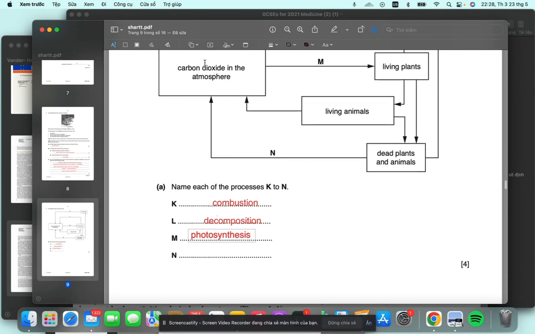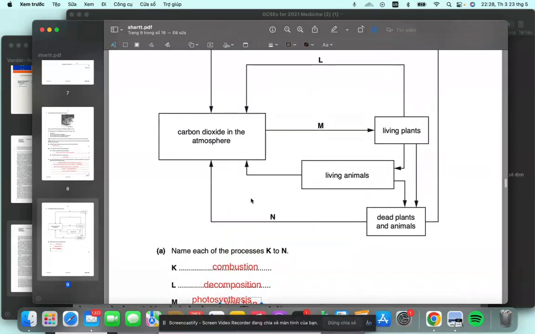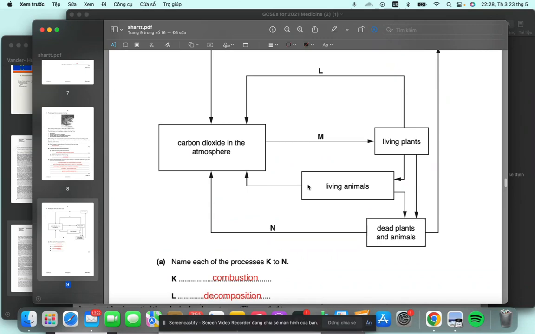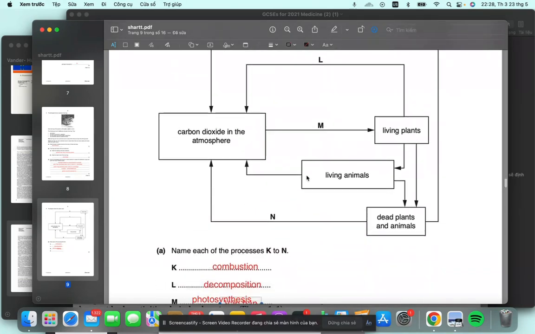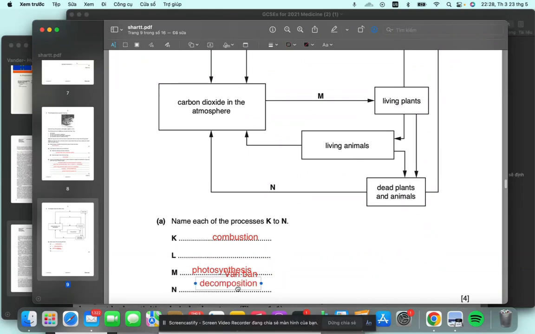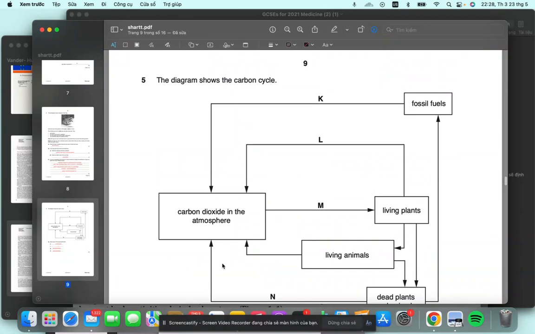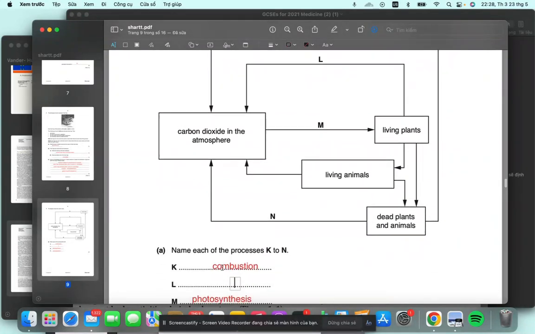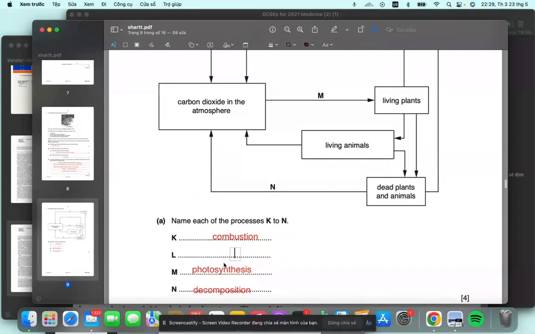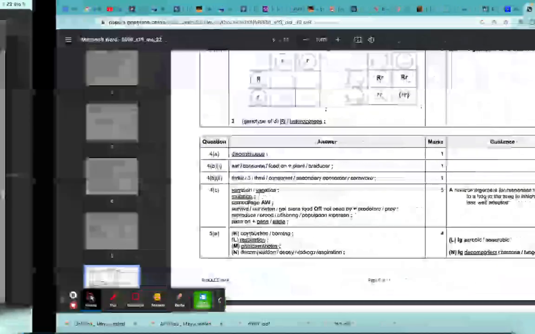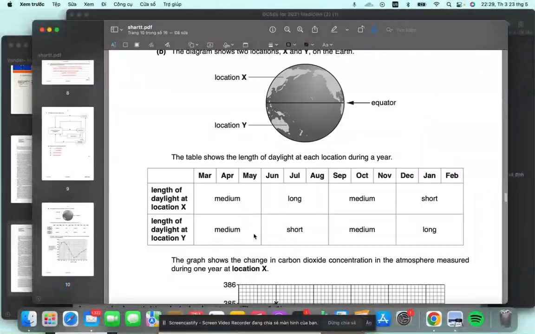Dead plants and animals. No, living plants. L is not decomposition. This one is decomposition. Respiration. Yeah, respiration.